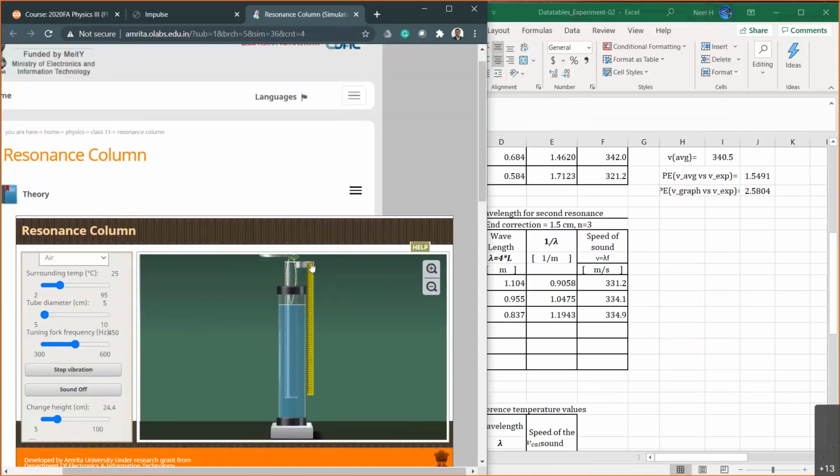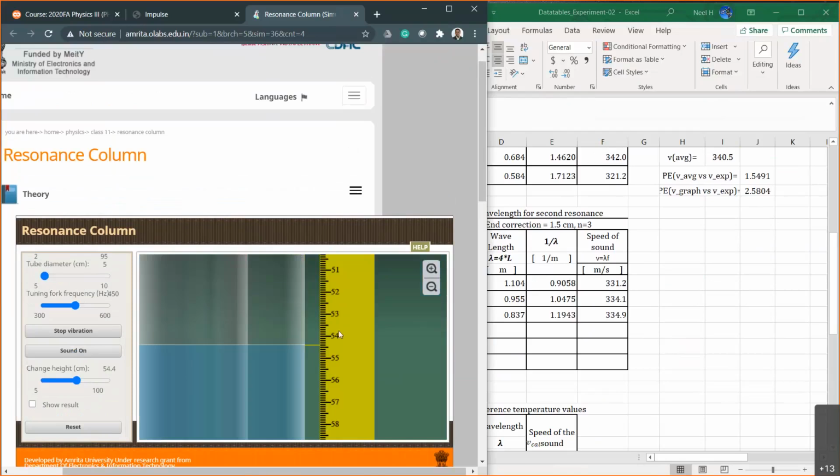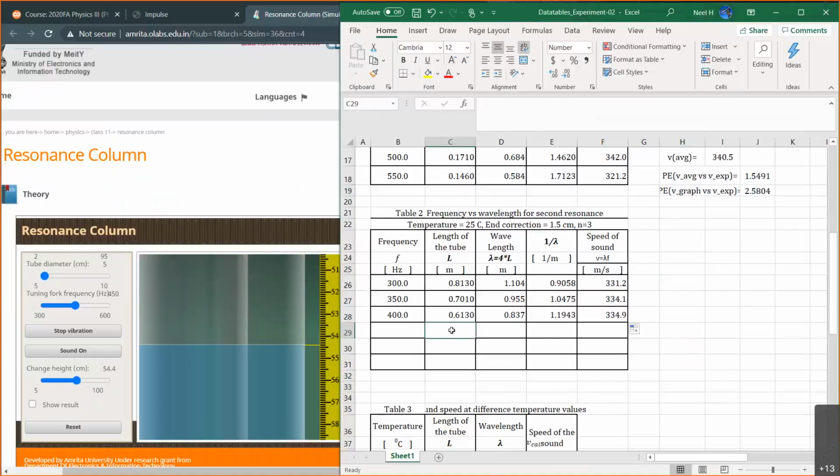And then bring this up. First one, continuously go up. Second one, sound off. Measure the length, 54.4. 0.544. This is 450.